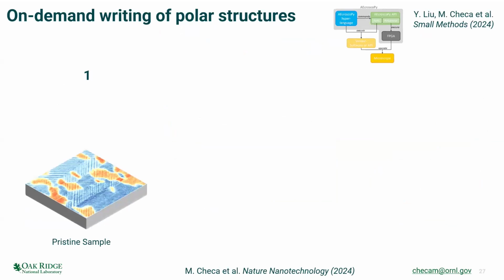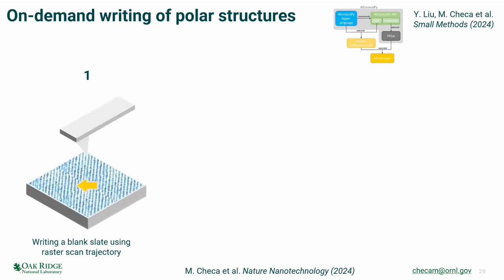So I'm going to be showing now a bunch of experiments that are all done the same way. So I thought it'd be nice to explain first how we do these experiments, because they're all kind of the same. So we start with a pristine sample with all those 4 different polarization states. And we bring the tip in contact, and we scan the old way, left to right, to write a blank slate using this raster scan trajectory, right? So that then all the polarization is aligned into one of these 4 possible directions.